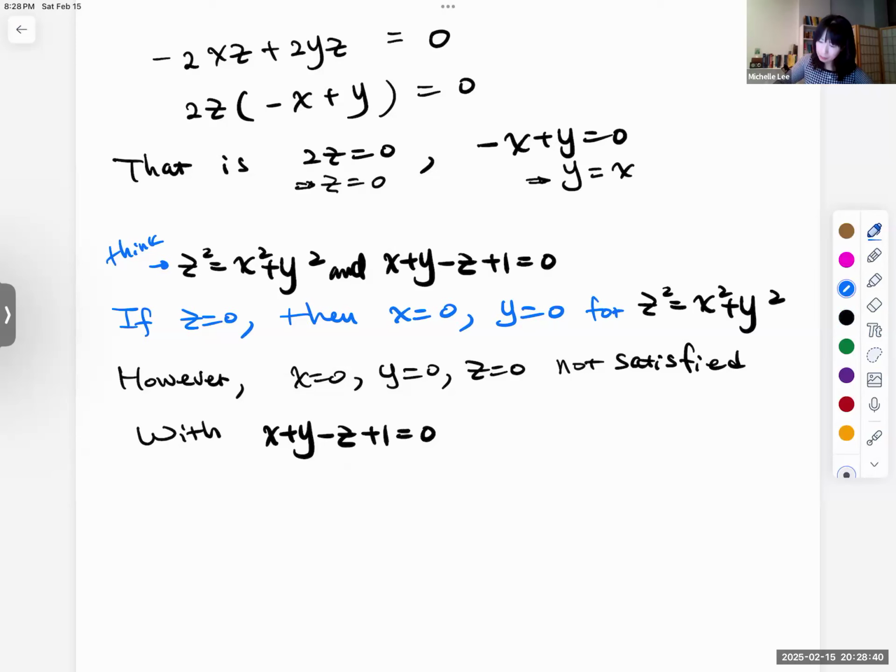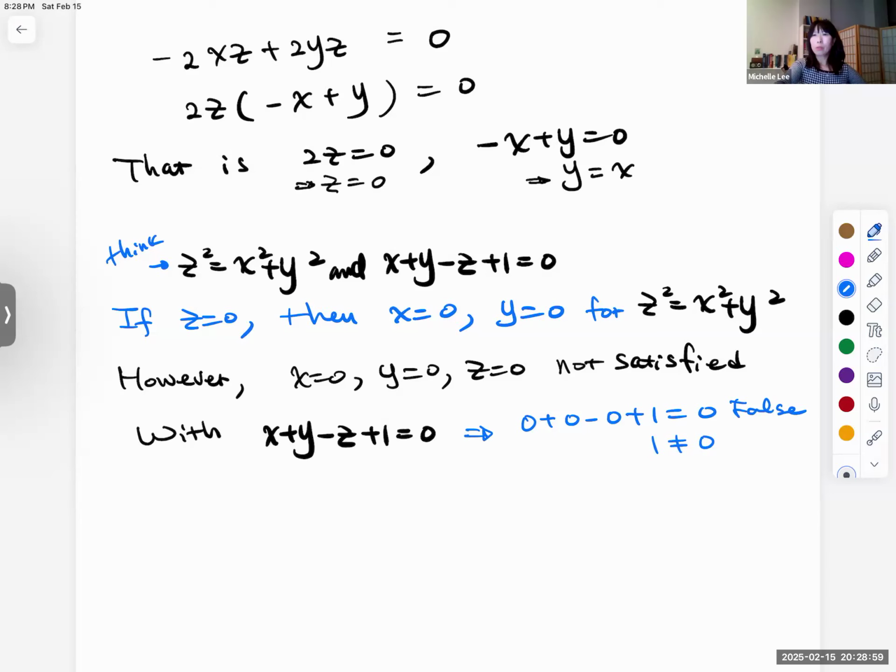That is 0 plus 0 minus 0 plus 1 equal to 0. 1 is not equal to 0. That is a false statement, right? Okay.